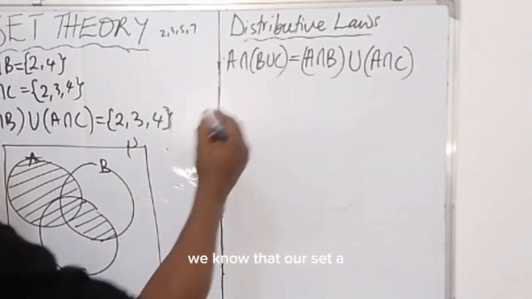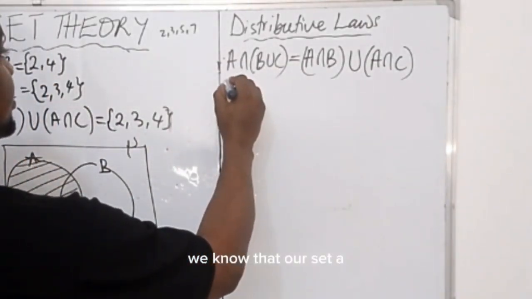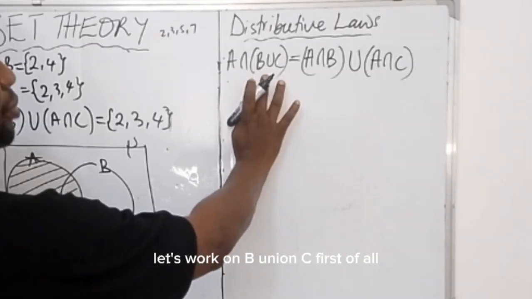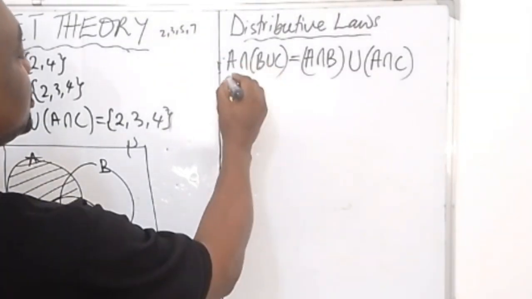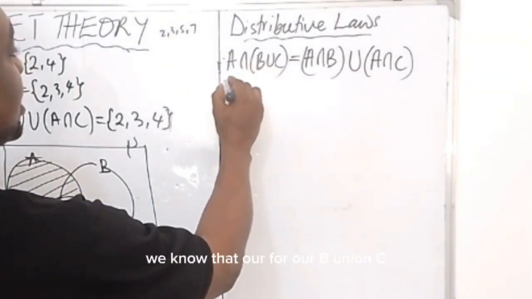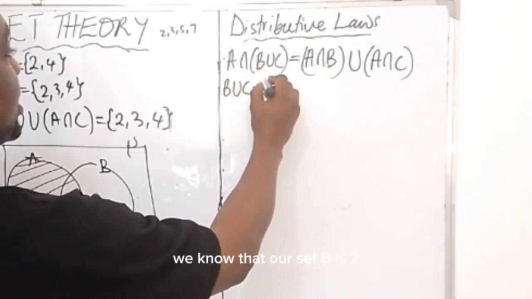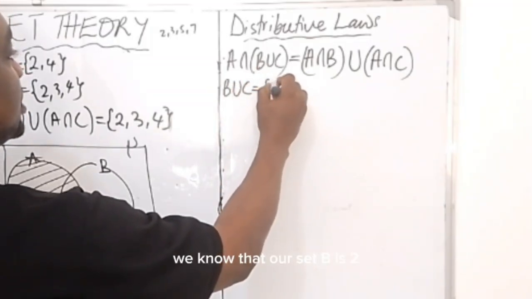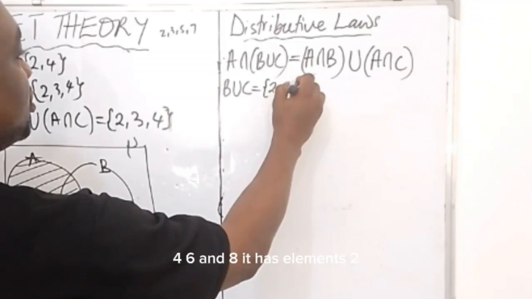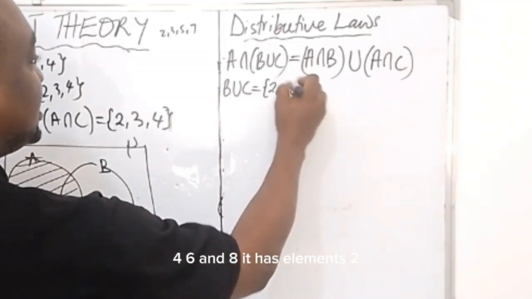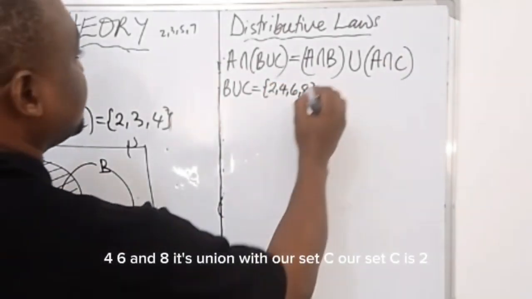We know that our set A, let's work on B union C first of all. We know that our set B is 2, 4, 6, and 8. It has elements 2, 4, 6, and 8.